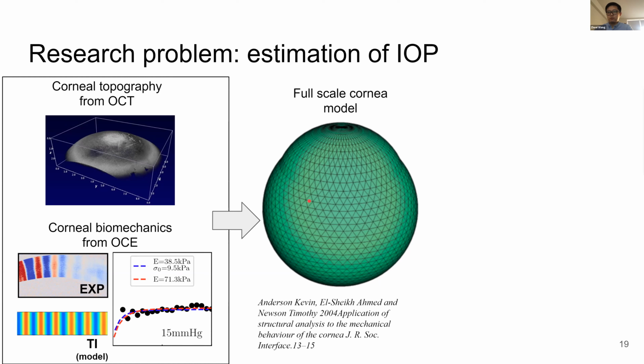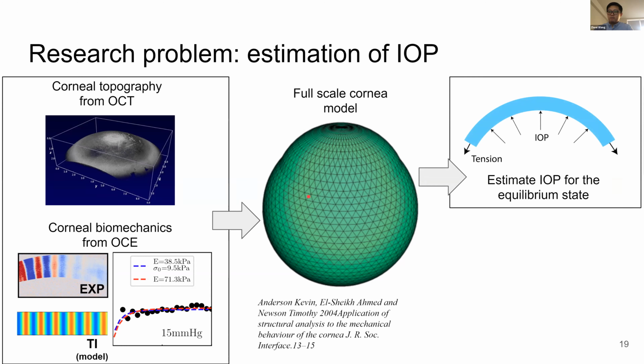So we plan to build a full-scale corneal model, which has been done by other researchers, but our contribution here is that we will improve our corneal mechanics model to improve the accuracy of the material model in the full-scale corneal model. And through the corneal model, we will try to estimate the intraocular pressure to achieve the equilibrium state.